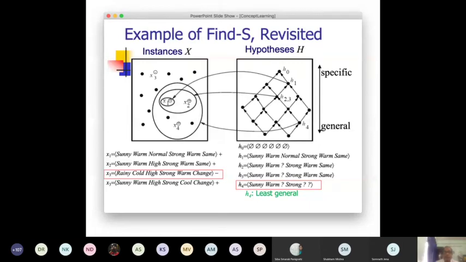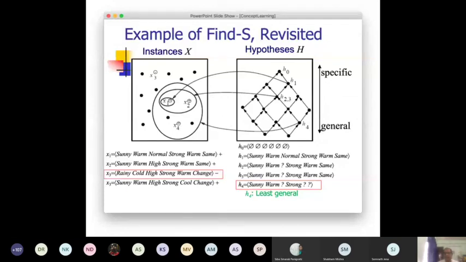Sunny, Warm, weak, same. That is also acceptable, which is not presently acceptable by H4. So you have to have strong in the case of wind speed in H4, but even weak wind speed is acceptable there. Is it clear?